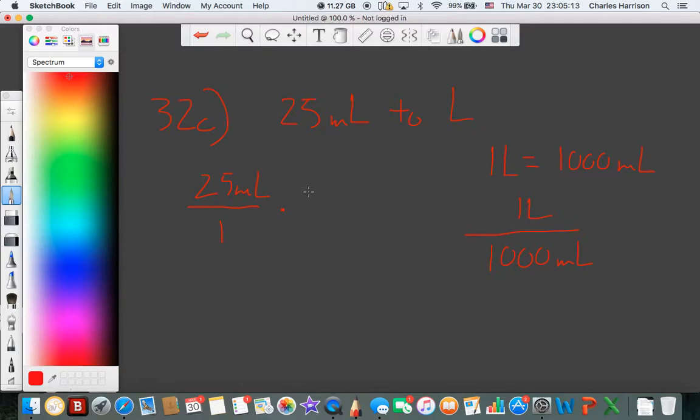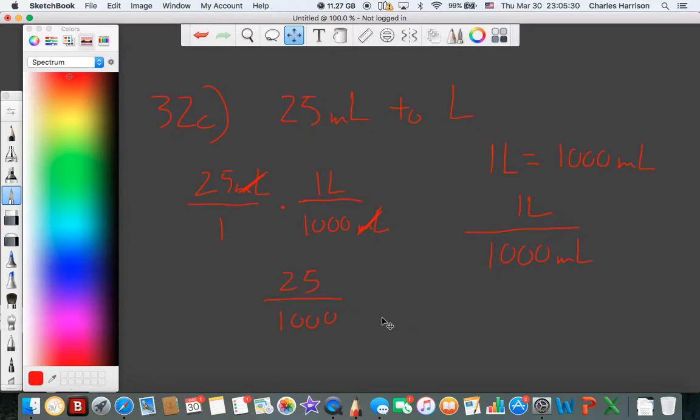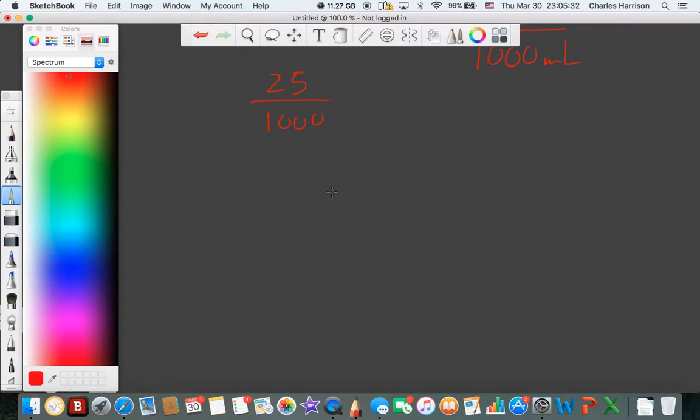So we're going to put 1 liter here and 1,000 milliliters here. We cancel out the milliliter here and here. So then we just have 25 over 1,000, which means that we are going to take this 25 and this decimal that's invisible here normally, and move it back 1, 2, and 3 times. So it equals 0.025 liters, and that is the final answer.